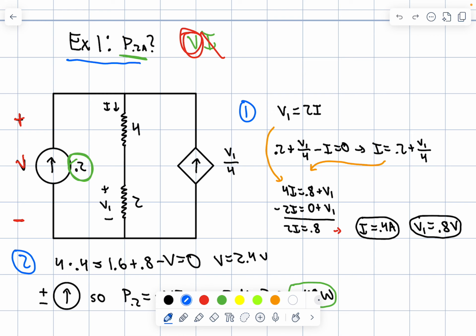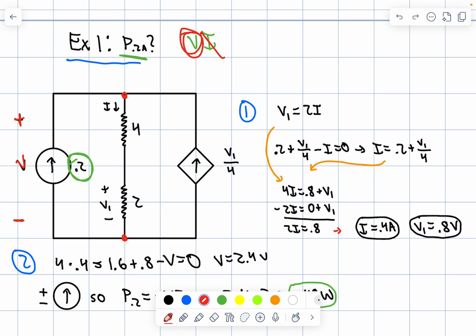Well, we need to find the current that goes across them. And that current, because they're on the same wire, this wire, that goes along here, is going to have the same current. And that's when I would think, okay, now I know what I'm doing. Now I'm going to use this current and this current to find the following current that goes along these two resistors, and will give me that resulting voltage. Okay, so let's do that.